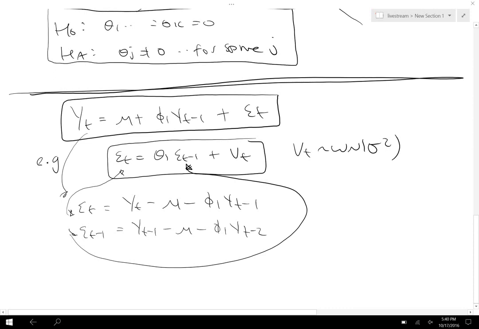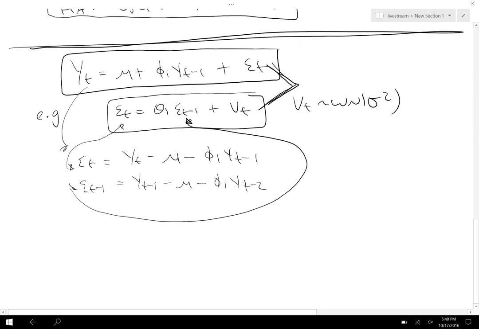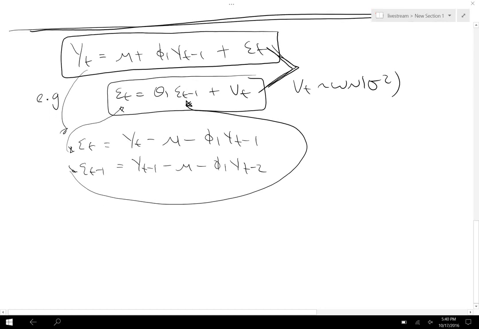This allows us to write y_t as a function now of past values of y, things that we can measure, and a white noise shock. So what we're doing here is, if we run this regression and the errors are correlated, it essentially means we've missed something out. There's some dynamics that we're not measuring. So we can now find out what the true model of y will look like if these two hold.